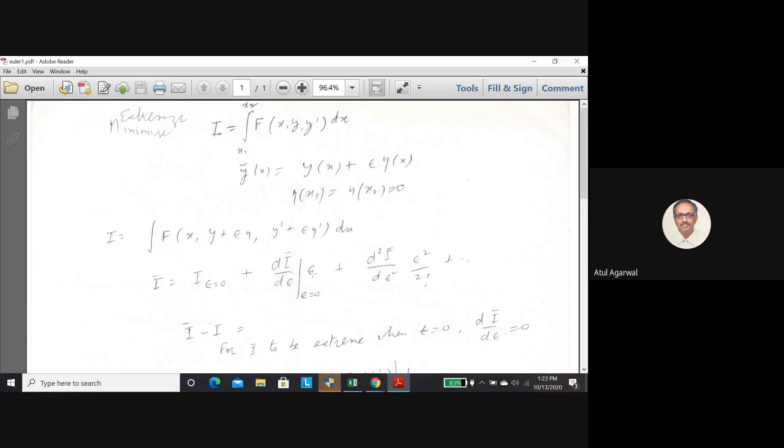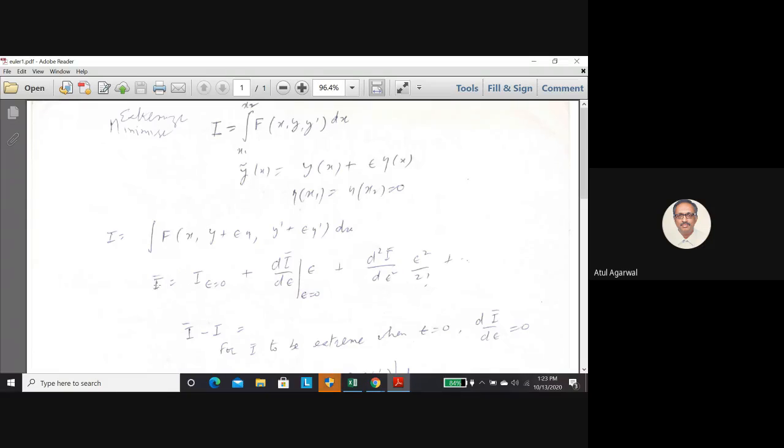If epsilon is positive, then this value will be higher. If epsilon is negative, this value will be lower. So I at epsilon equal to 0 cannot be an extreme value. How is I at epsilon equal to 0 an extreme value? Suppose this is a minimum.